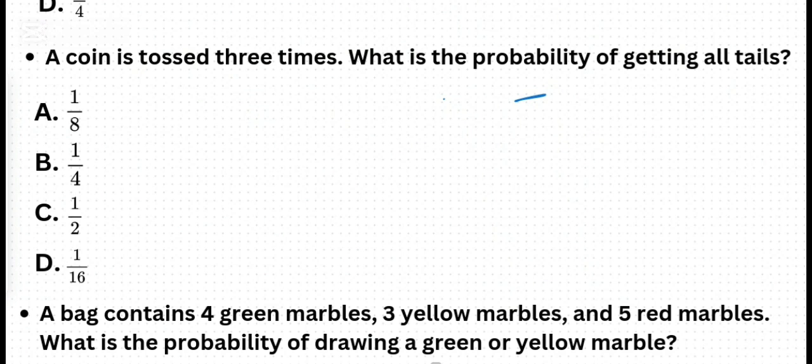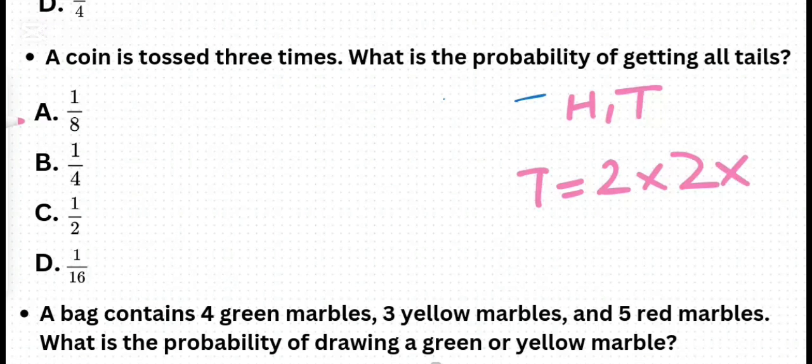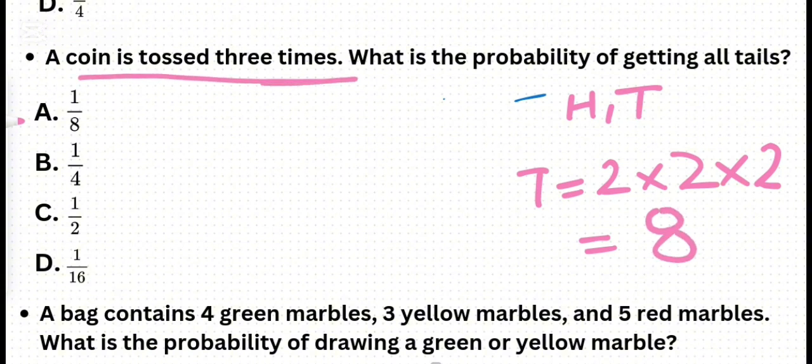So the possible outcomes for each toss are head or tail, right? So total outcomes for 3 tosses: 2 multiplied by 2 multiplied by 2, so it becomes 8, because the coin is tossed 3 times.